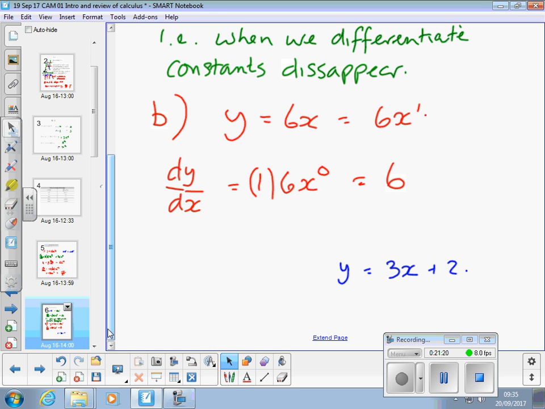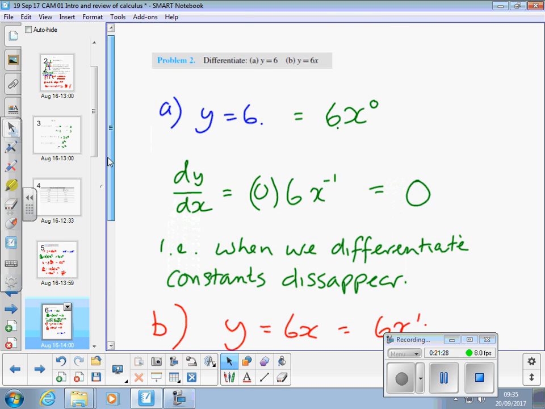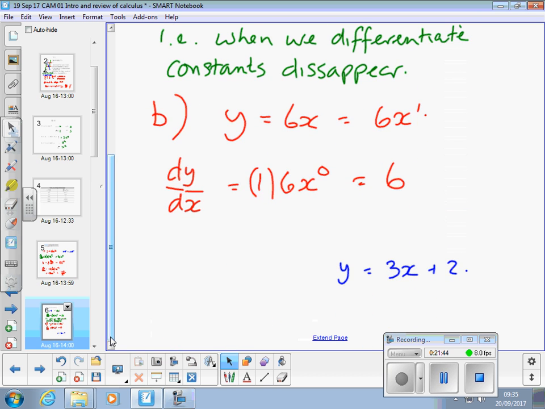Yep. Okay, so go through that process so that you can understand why constants disappear and single x terms, no power, you just leave the constant behind. Or the coefficient behind, I should say.